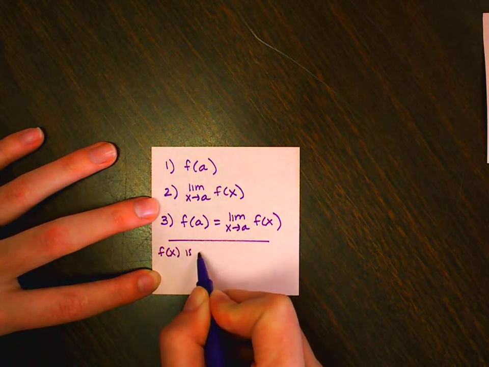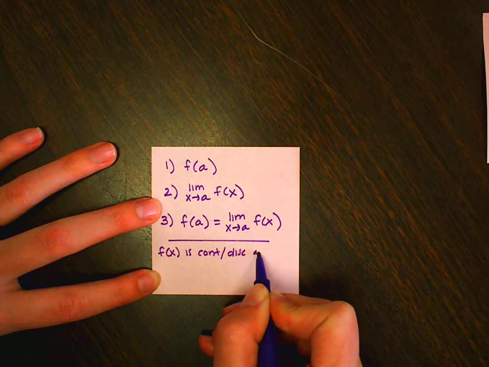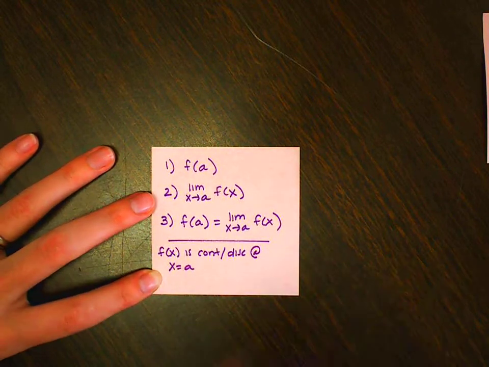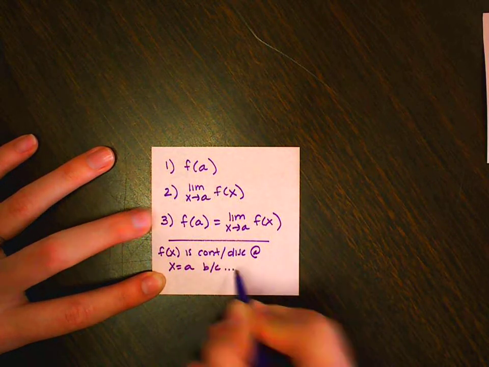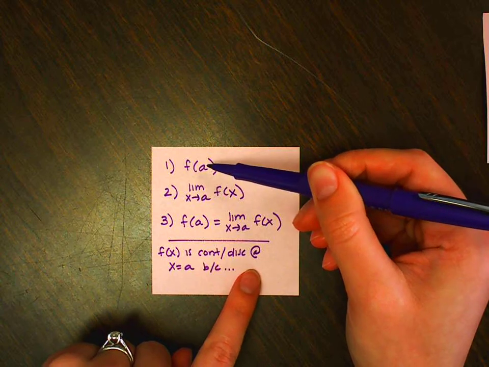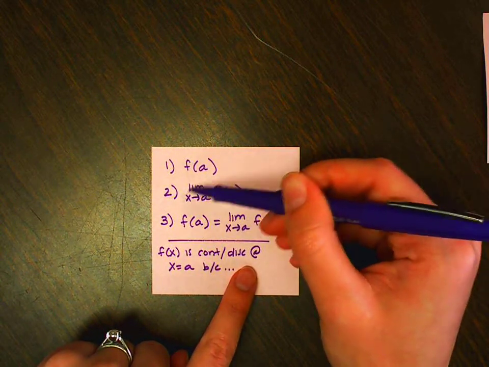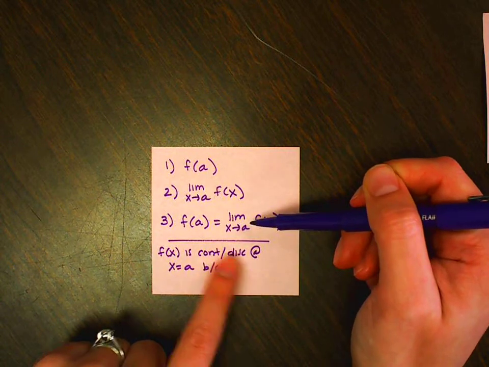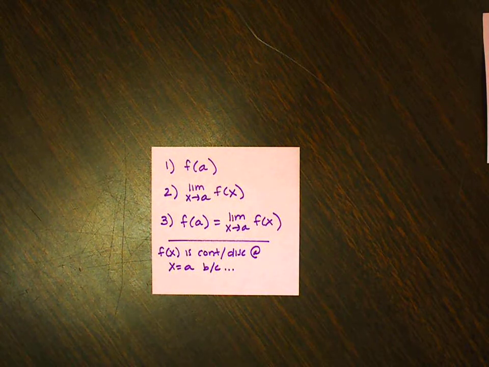F of x is either continuous or discontinuous at x equals, we're just going to say a for now, but you would fill in a value like 2, 3, whatever, because if it failed at a step, you'd say because f of a was undefined, because the limit as x approached a of f of x does not exist, because f of a did not equal this, or would be continuous because this did in fact happen. Okay, so let's go to the second side.